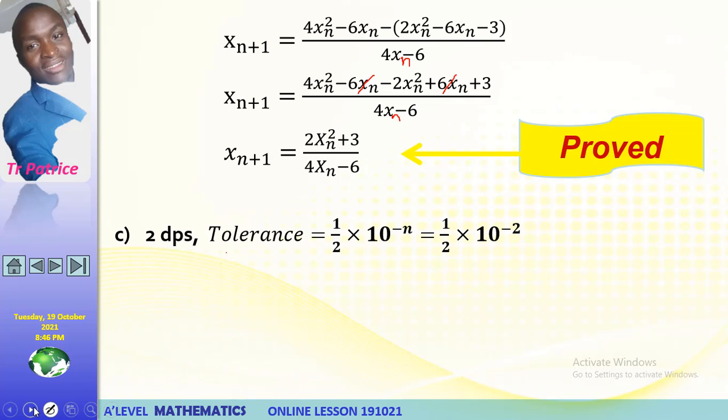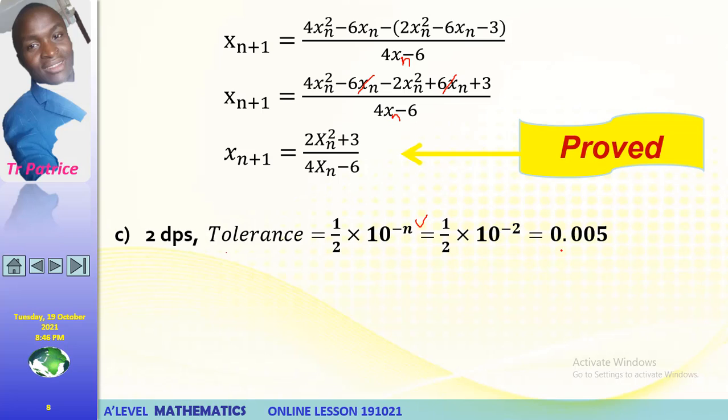Then lastly, we get our tolerance level, and it is always given by a half times 10 power negative n. We are trying to get the error as we covered in the previous videos. A half times 10 power negative n, where n stands for the number of decimal places.